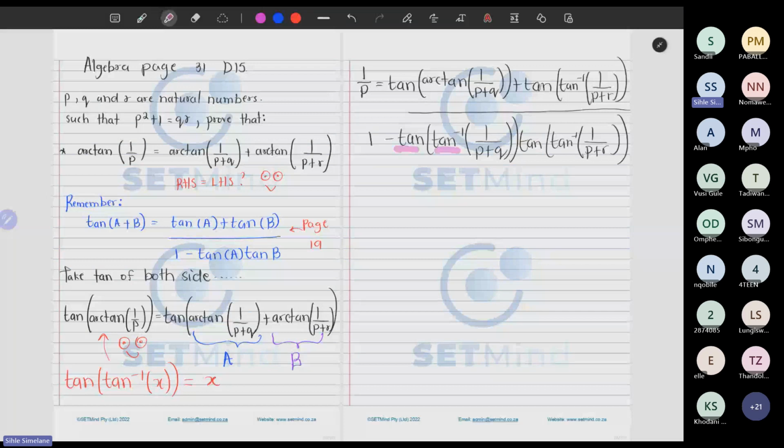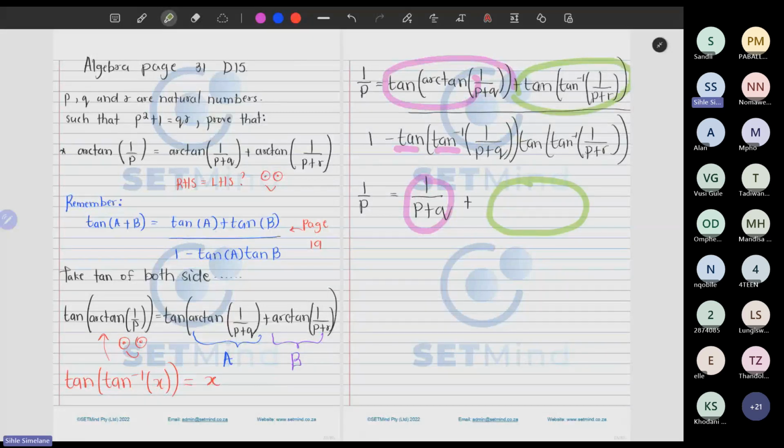So if you remember, the tan of the arctan of something simply becomes whatever the thing is. So that means 1 over P, which is what we hope this will amount to, is that we will have 1 over P plus Q. That would be this part. And then plus, if you look carefully, we will have the second part, the green one.